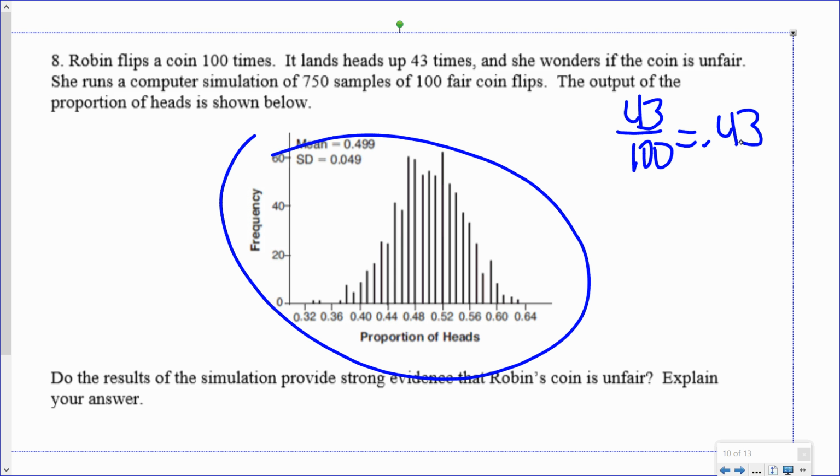So to determine if it's fair or not, we find the confidence interval, which is the mean, plus and minus 2 times the standard deviation. The mean is 0.499.